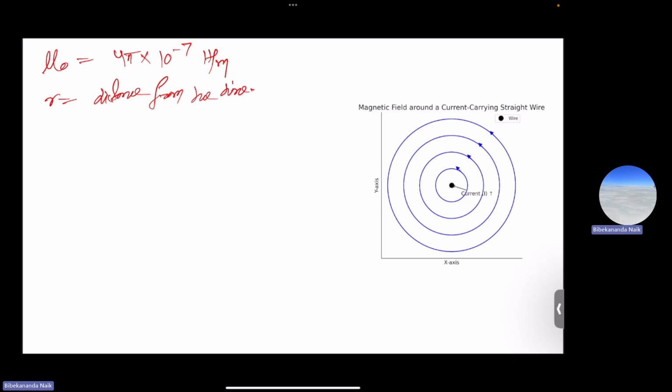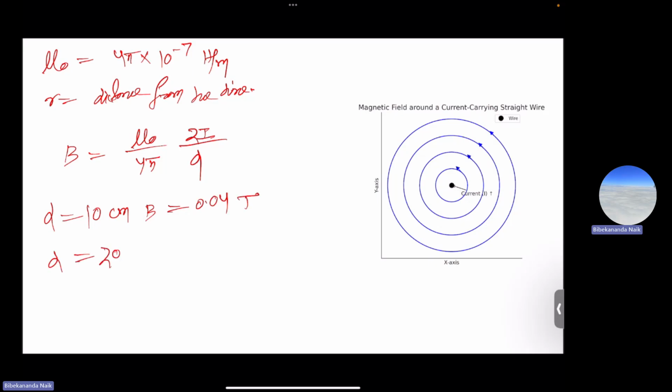If you calculate it for a long, infinite wire, then the expression reduces to mu 0 by 4 pi times 2I by d. For the case given, d is 10 centimeter and B is 0.04 Tesla. Now d is 20 centimeter. B is inversely proportional to d.